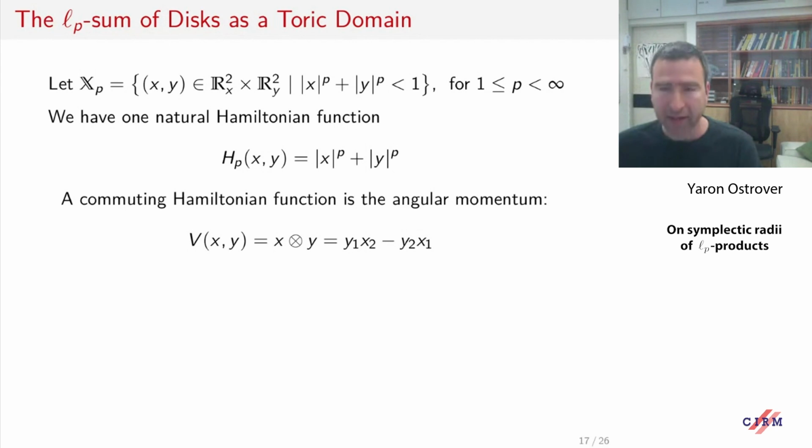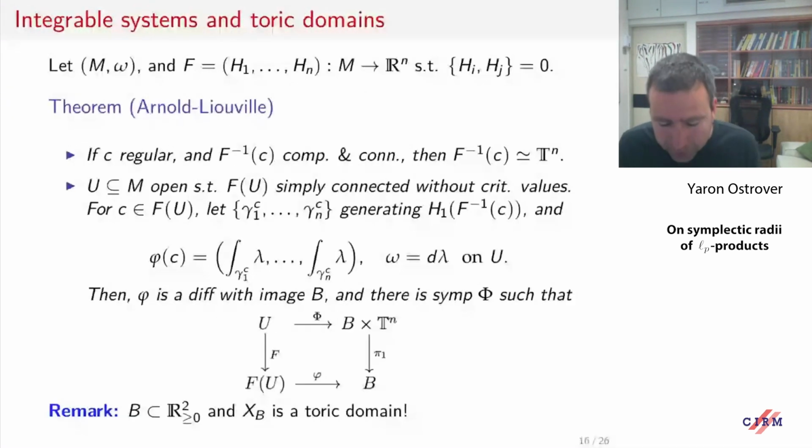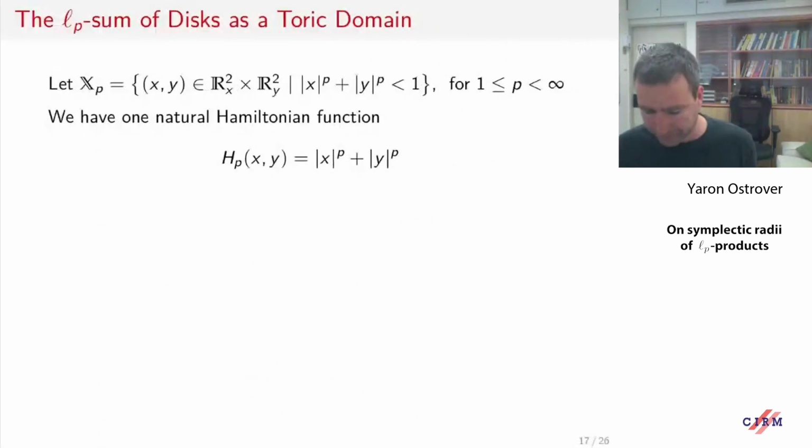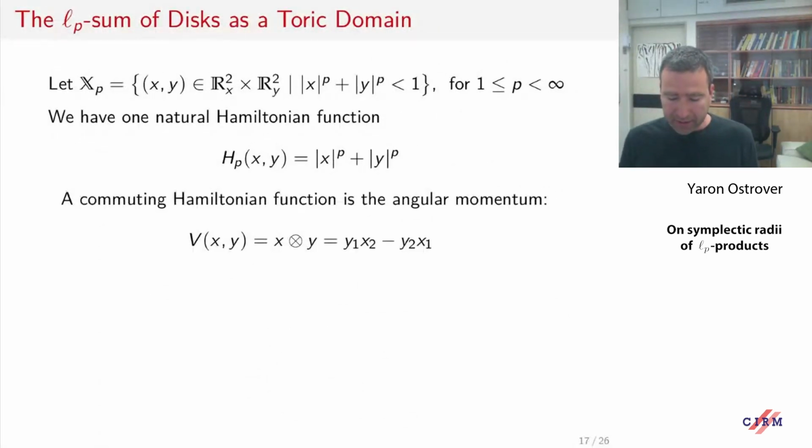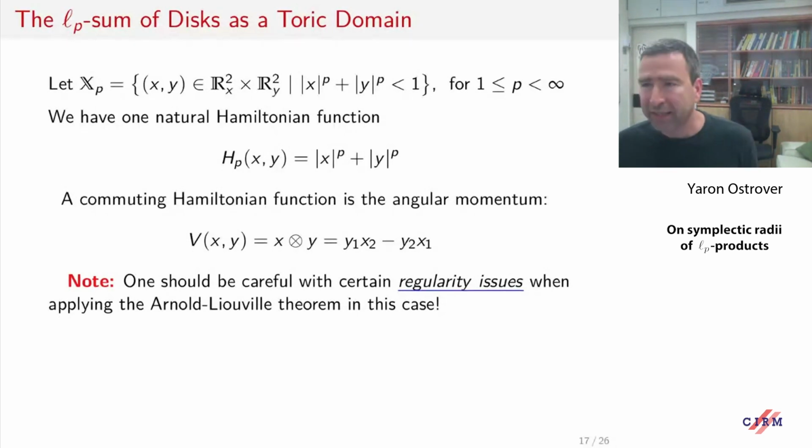So these are the two commuting Hamiltonian functions, and one can apply, roughly speaking, the Arnold-Liouville theorem to get a toric domain. But there are several technical issues here that I'm hiding. So first, there are regularity issues. I mean, these functions are not smooth enough to use the theorem as it is.